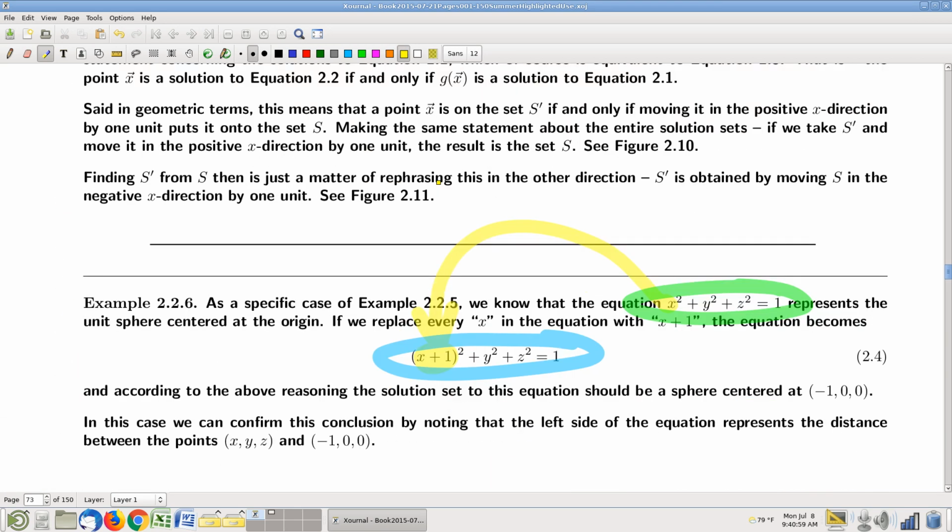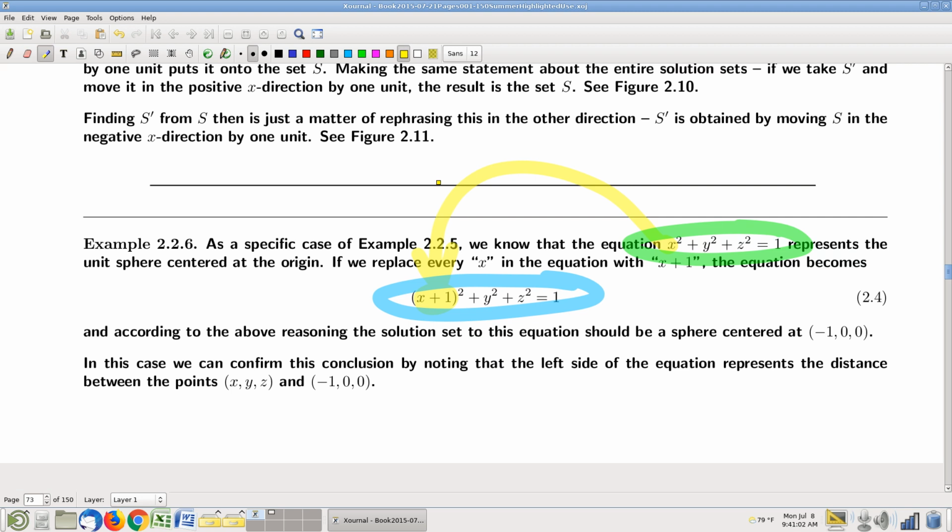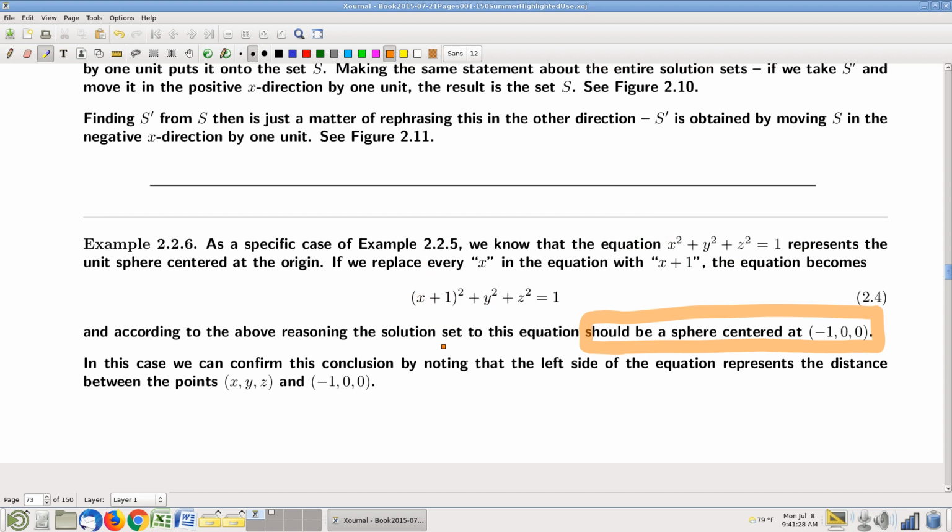So I conclude from that argument that this sphere centered at the origin gets pushed by -1 in the x direction, resulting in hopefully a sphere centered at -1, 0, 0. And now, just as a sanity check, I like this as a starter example because we have a way of confirming whether or not we're actually correct. The confirmation comes from rewriting that equation and realizing that what we have on the left-hand side here is distance squared to the point -1, 0, 0.